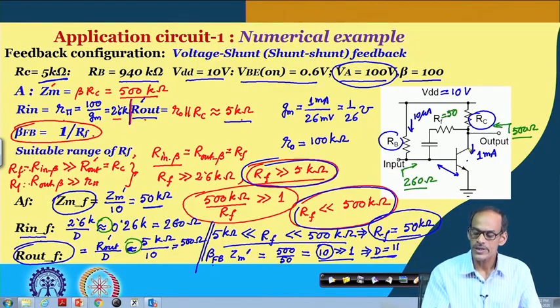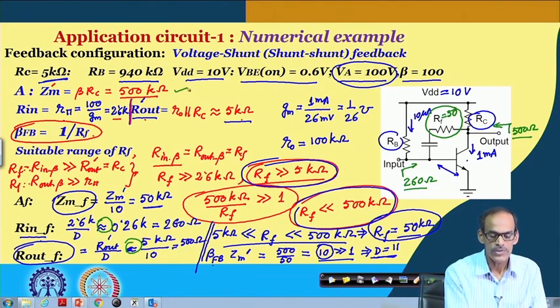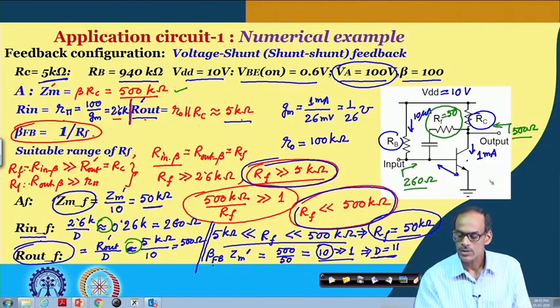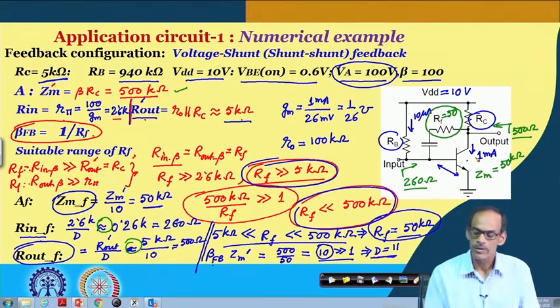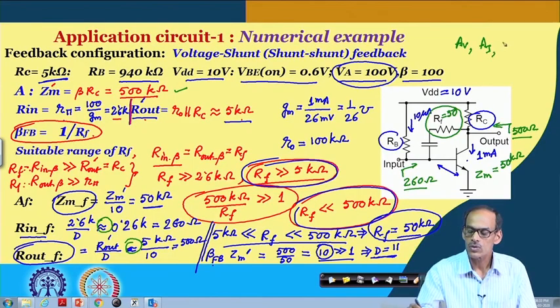Which means that the input and output resistance are getting decreased by the shunt configuration, and Zm, we said, is getting decreased, and the Zm part equals 50 kilo ohms. Now, you can find what will be its effect on voltage gain and current gain by considering that consolidated table.